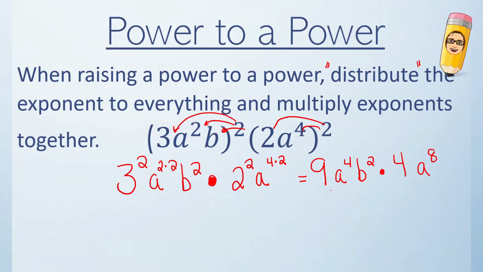This is not all the way done though, right? Because we still have 2 bases of a. So I need to add those exponents together and multiply the numbers because they're technically multiplying. So 9 times 4 is 36. And then I'm going to get a to the 4 plus 8, which is 12. So I'm going to get 36a to the 12th b squared for my final answer to that problem.